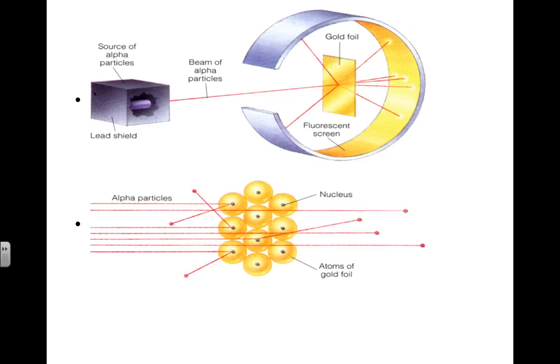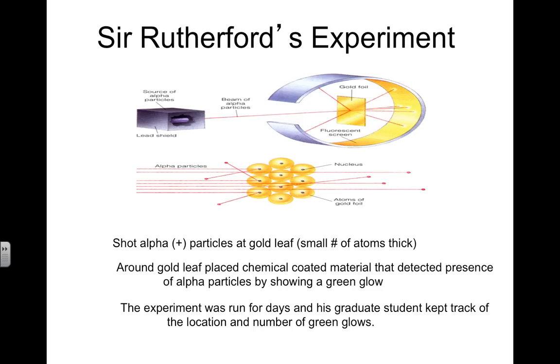It is definitely not one atom thick. It's thousands and thousands of atoms thick, but it was the closest way he could get to a substance that was one atom thick.